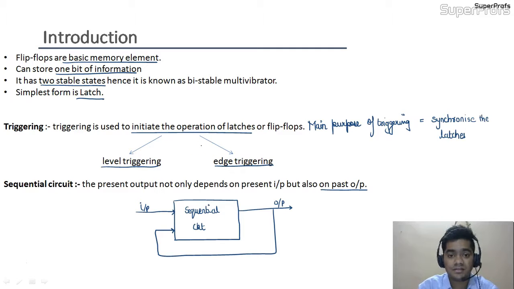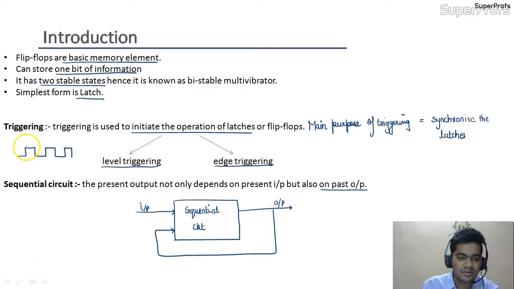What is the difference between level triggering and edge triggering? In level triggering, suppose we are drawing a clock pulse like this, and we are triggering at level 1, which is logic 1. It means the inputs we give to the system would affect the flip-flop only in this area, that is, at logic 1.